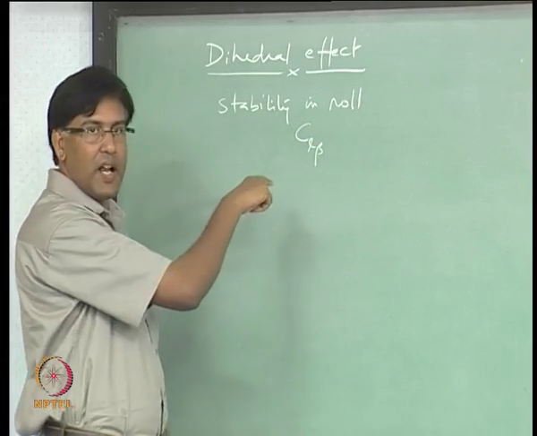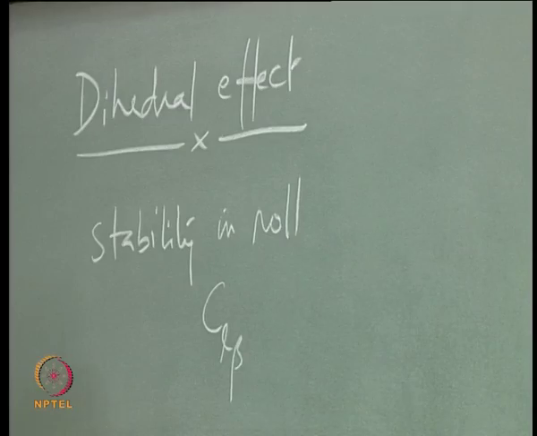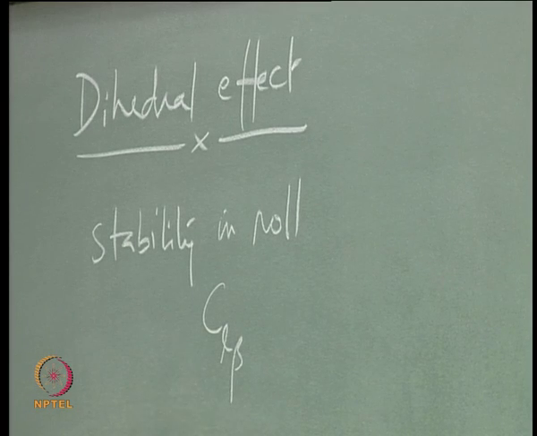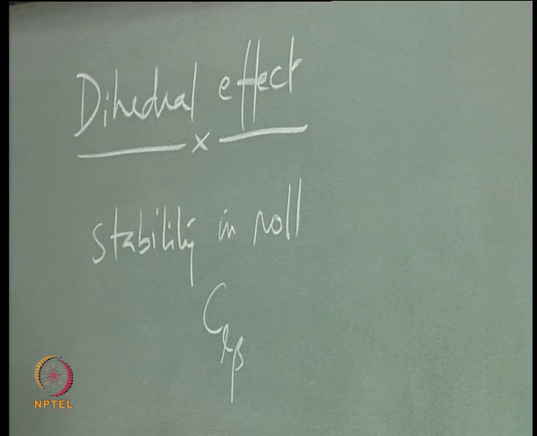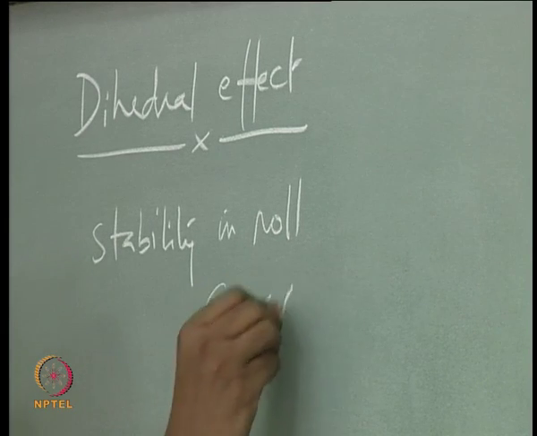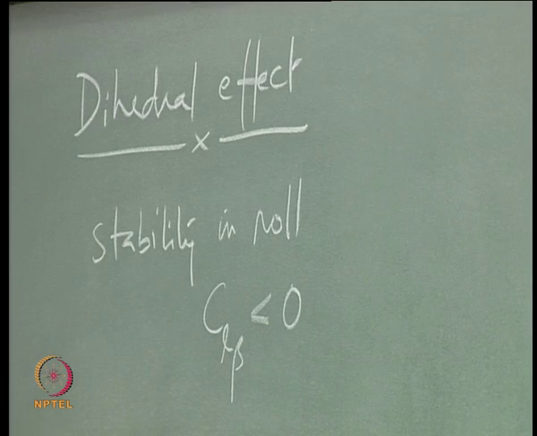And it is given by this parameter CL beta, the change in rolling moment coefficient with respect to a change in small side slip angle, and that we said must be less than 0 for stability in roll.